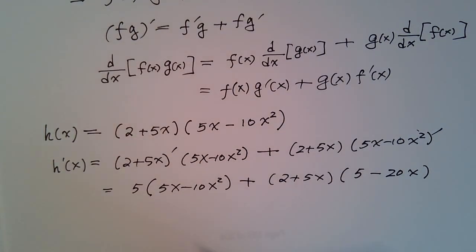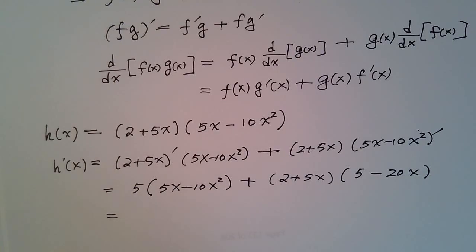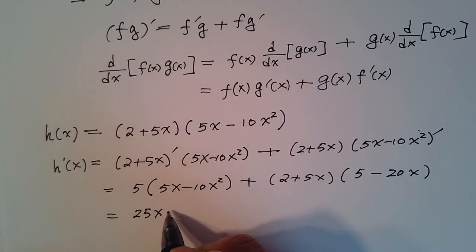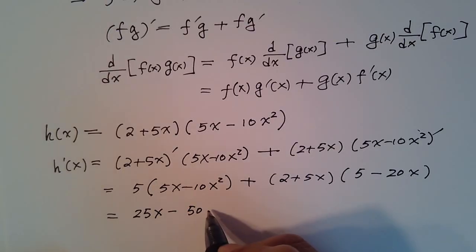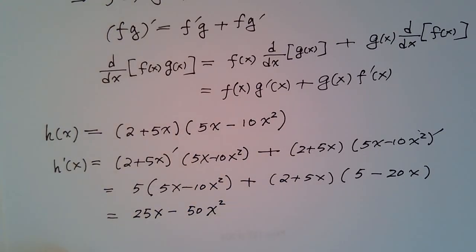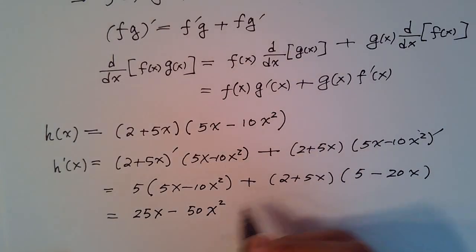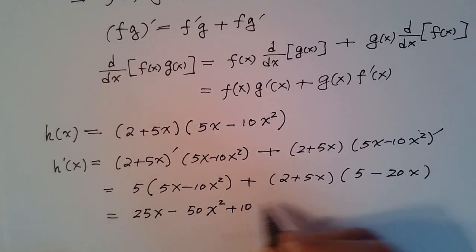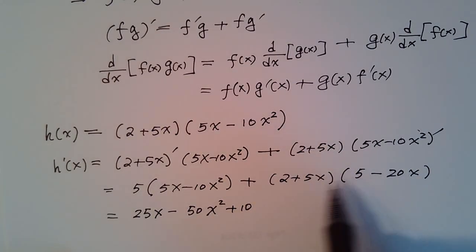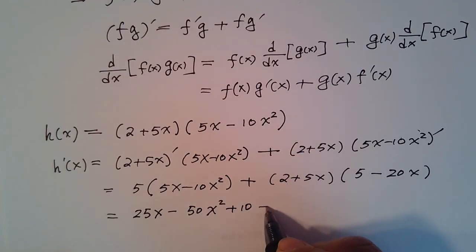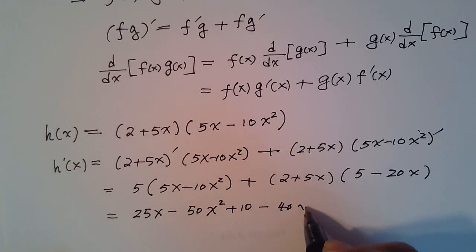Now, once you have this, you only need to simplify that. The rest is fairly simple. It's 25x minus 50x². That's the first two terms. And then you're going to use the distributive property, so it's going to be plus 10 for first times first, outer times outer, which is negative 40x.